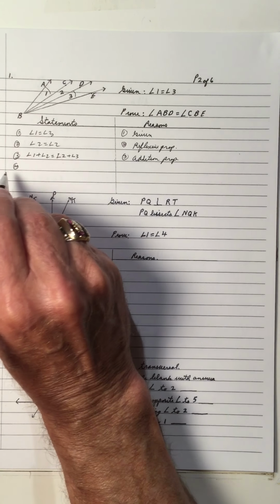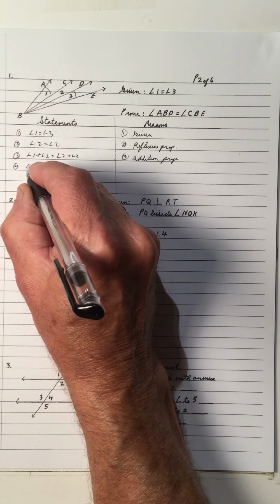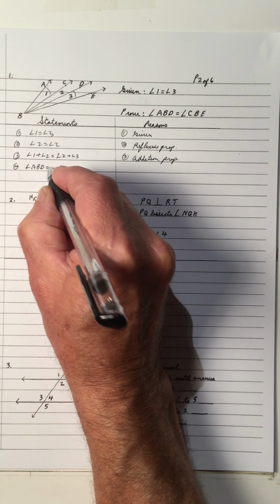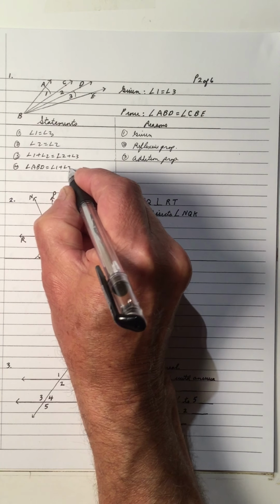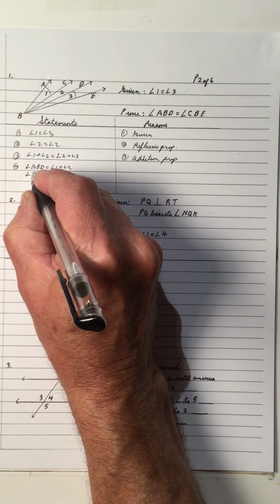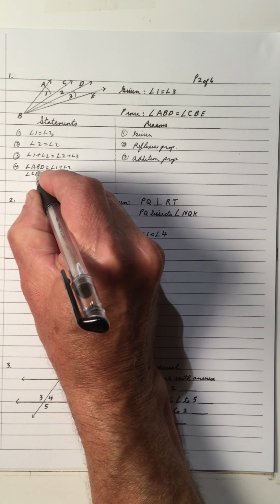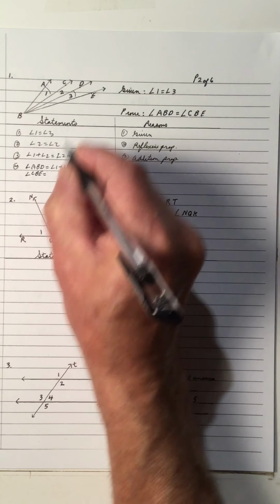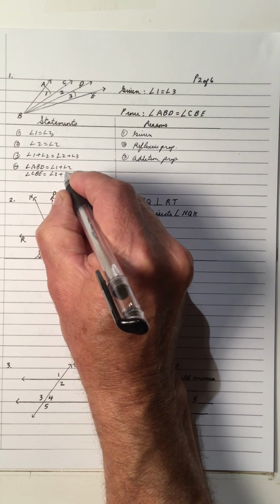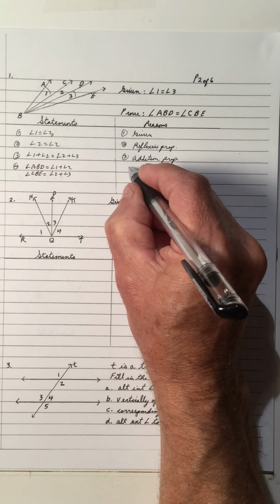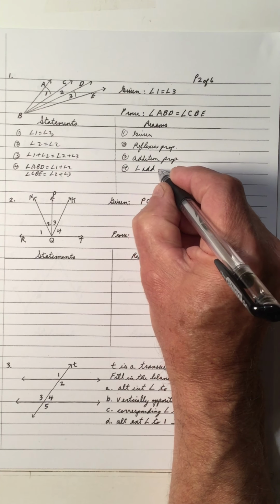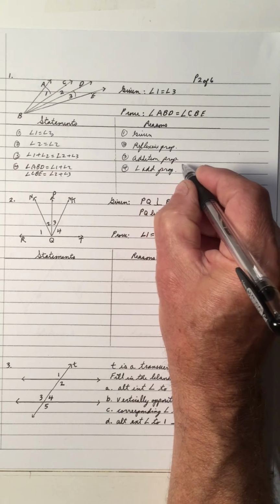Number 4, angle ABD is equal to angle 1 plus angle 2, and angle CBE is equal to angle 2 plus angle 3, and we call it the angle addition property.